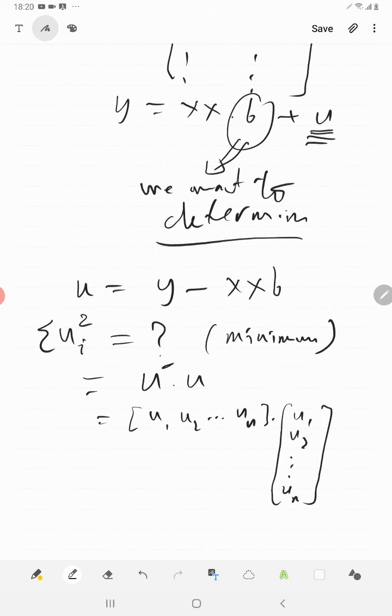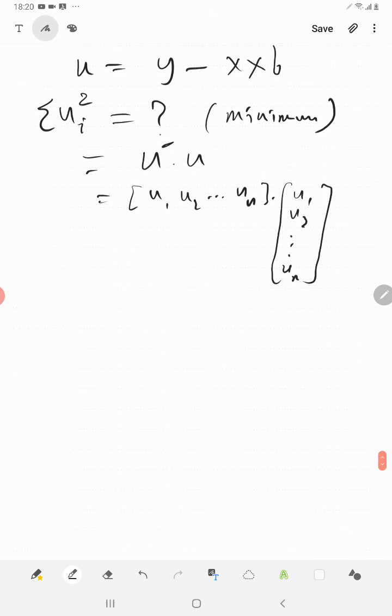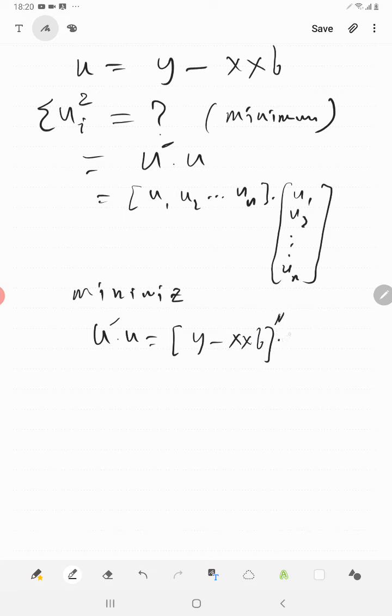We want to minimize this. So we say minimize U transpose times U, which is equal to Y minus XX B, transposed, times Y minus XX times B. Okay, we want to minimize that.